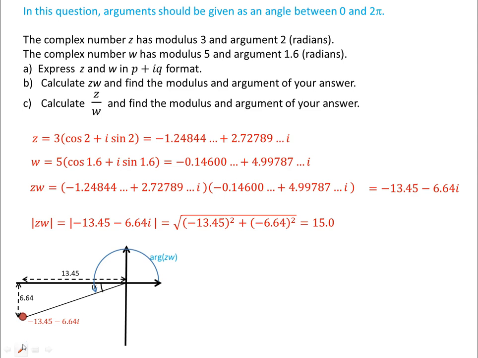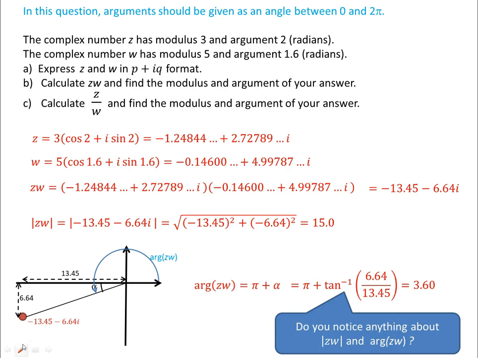So our angle alpha there is tan to the minus 1 of 6.64 divided by 13.45. So the argument of zw is pi plus alpha, which is pi plus tan to the minus 1 of 6.64 divided by 13.45, which is 3.6.